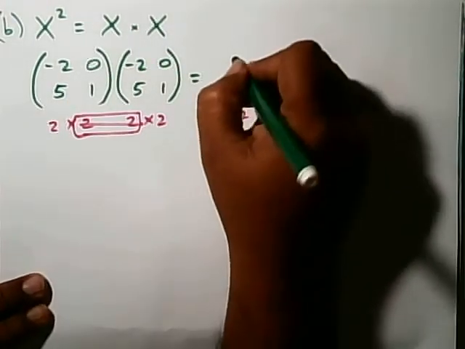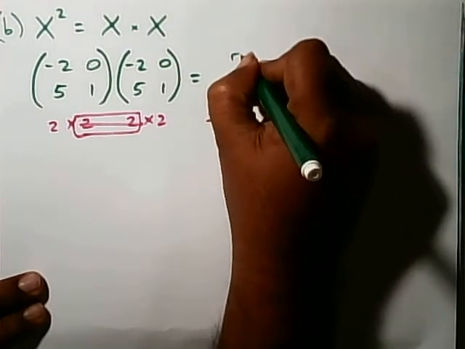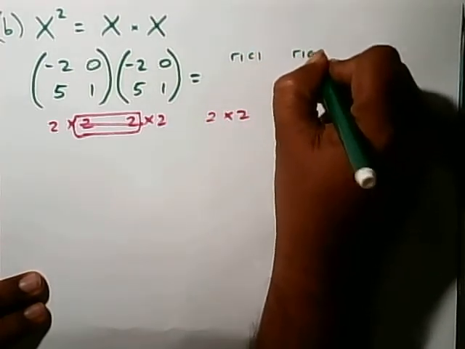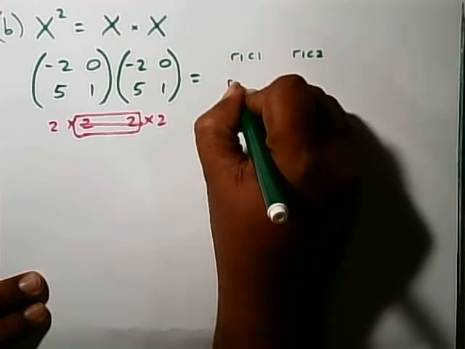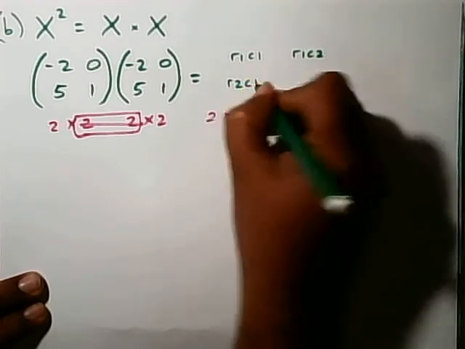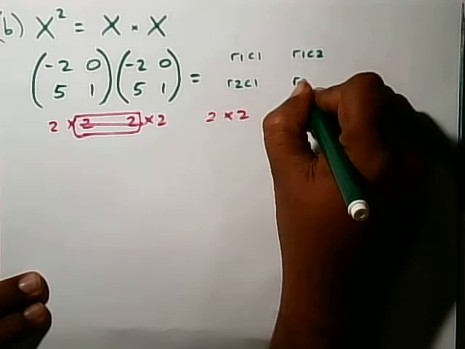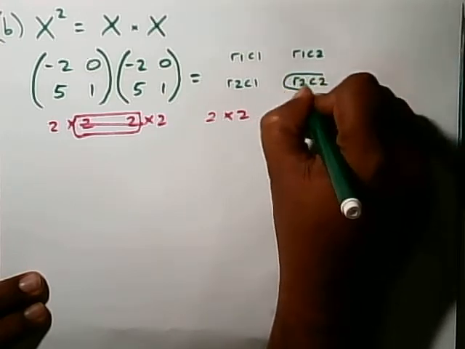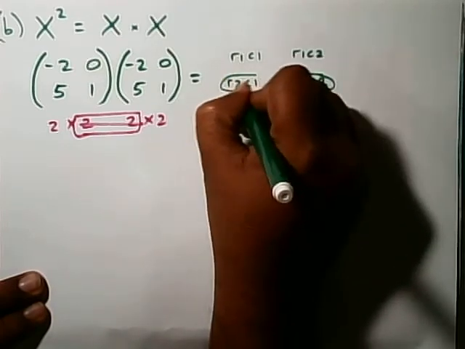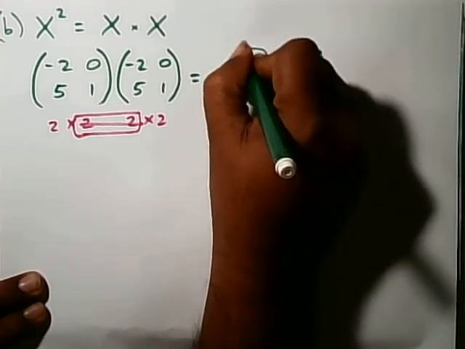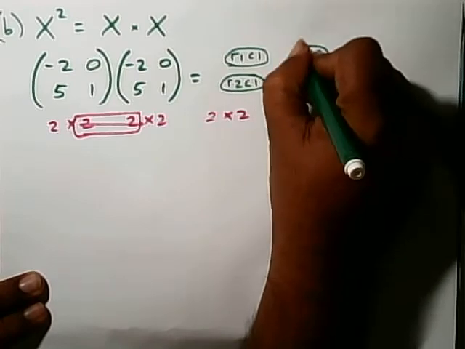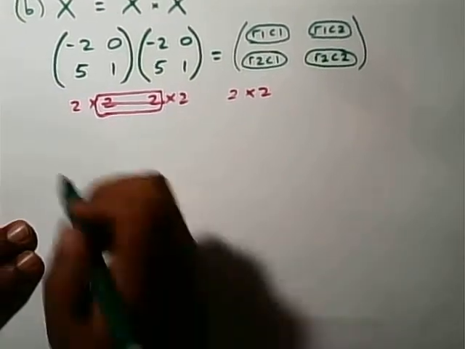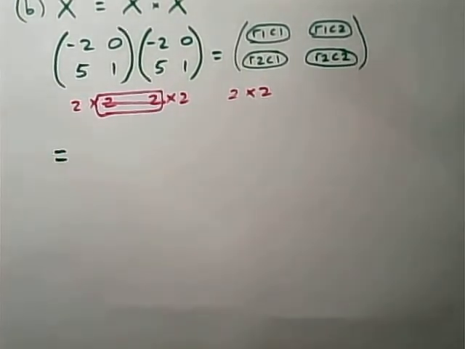So a 2 by 2 matrix will be row 1, column 1, row 1, column 2, row 2, column 1, row 2, column 2. These are the addresses or the location of my 4 numbers. I'll use that as my guide. So let's come back here now and continue.